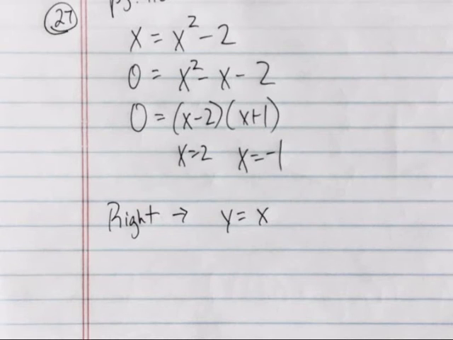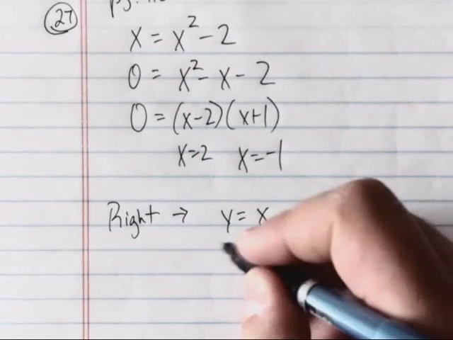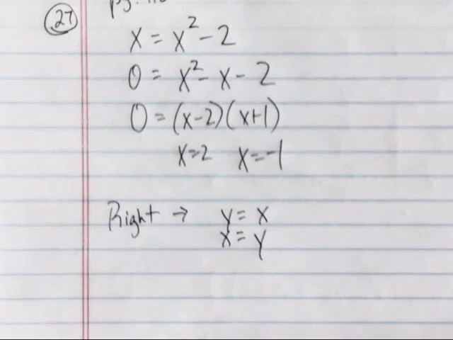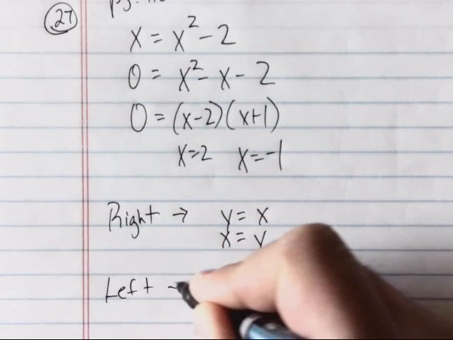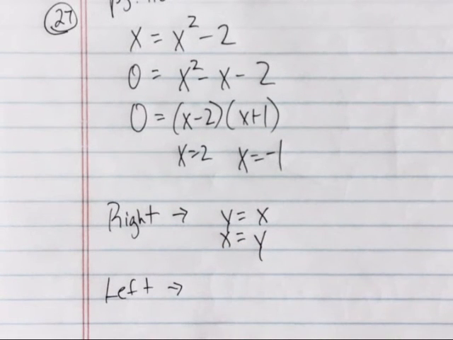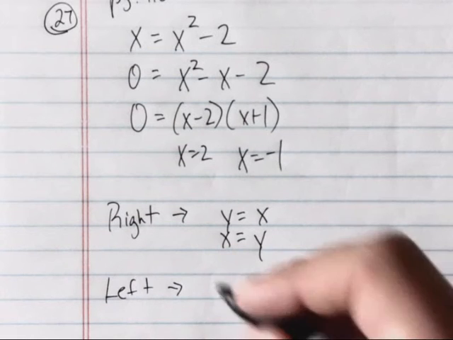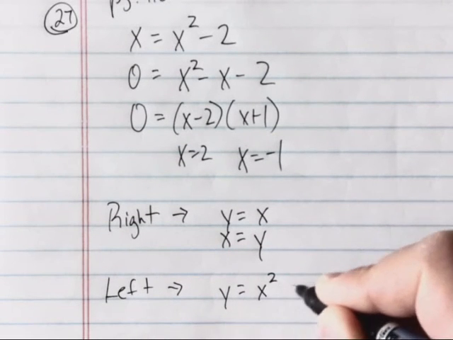It's already solved for x. y equals x or x equals y, however you want to think about it. Okay, the leftmost function is the quadratic, which is y equals x squared minus 2.